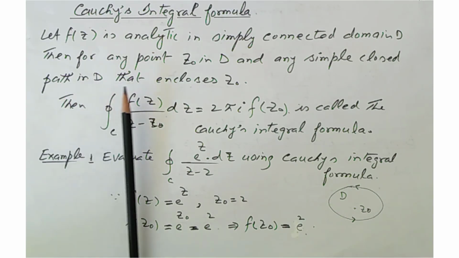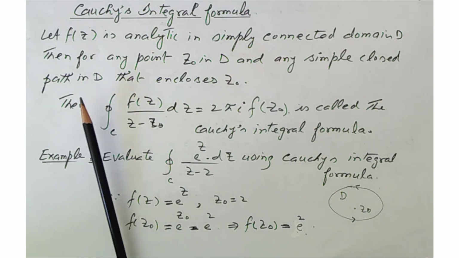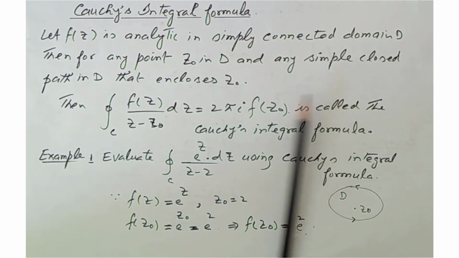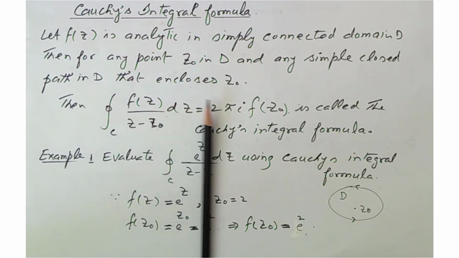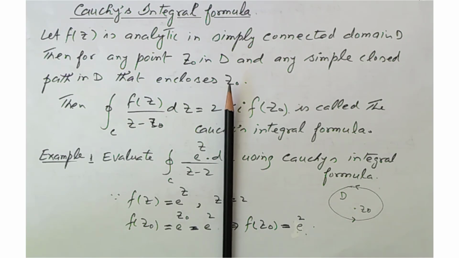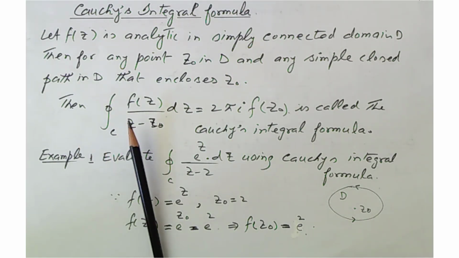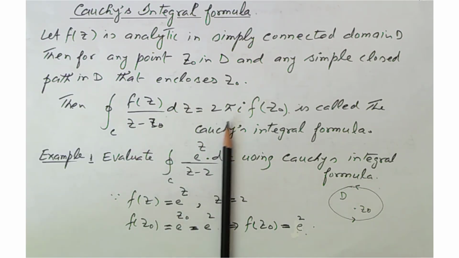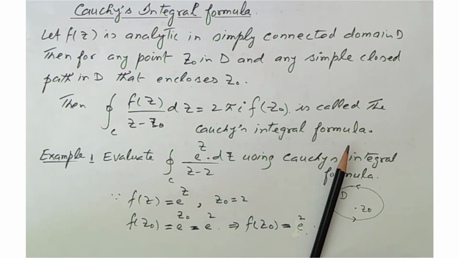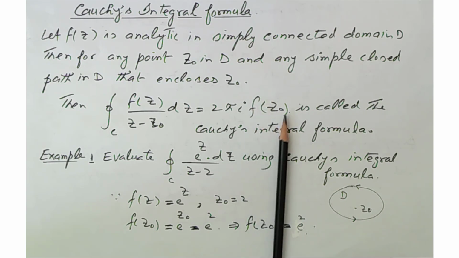The definition is that if f of z is analytic in a simply connected domain D, then for any point z0 in D and any simple closed path in D that encloses z0, meaning the point z0 lies inside this domain D, the integral over C of f of z over z minus z0 dz is equal to 2 pi i f of z0. This is called the Cauchy integral formula. We only need to find the value of f of z0.